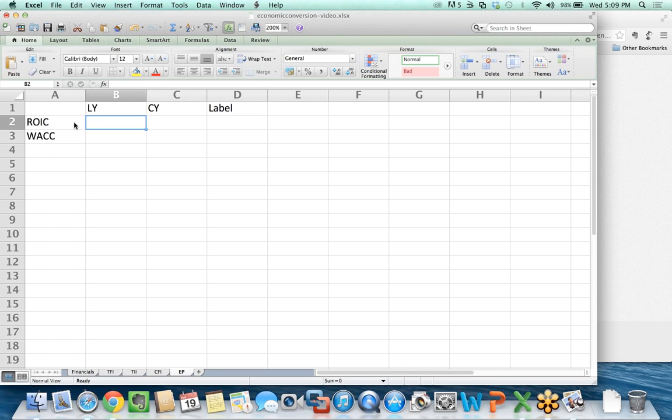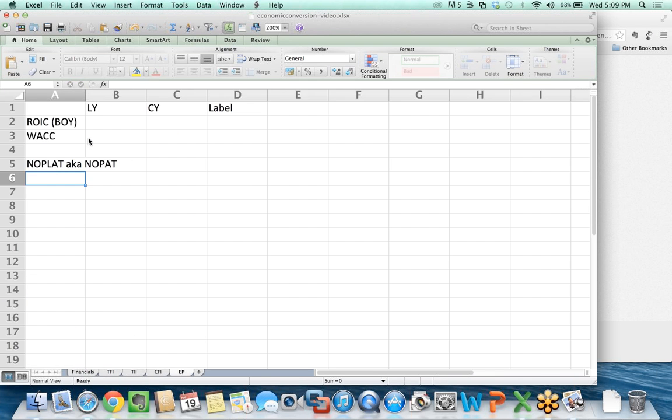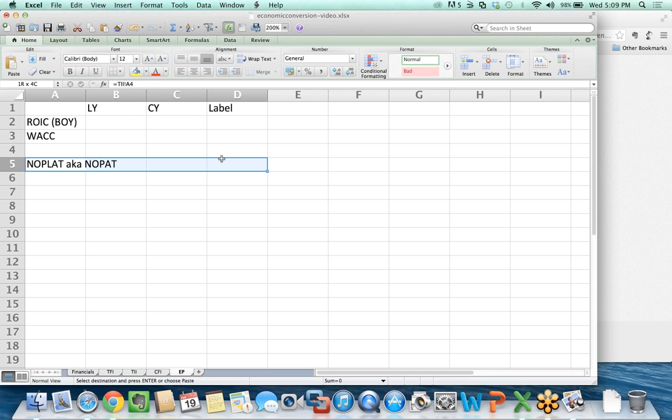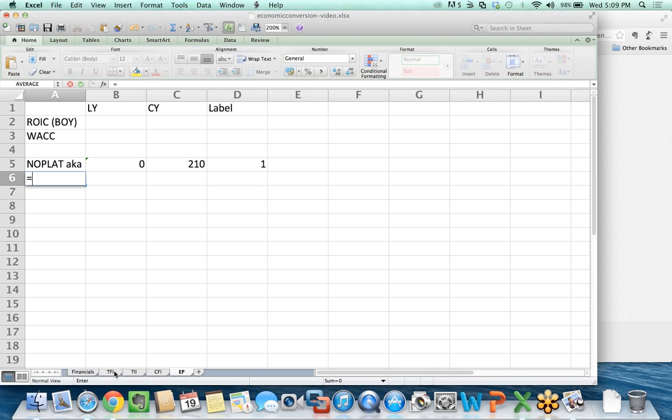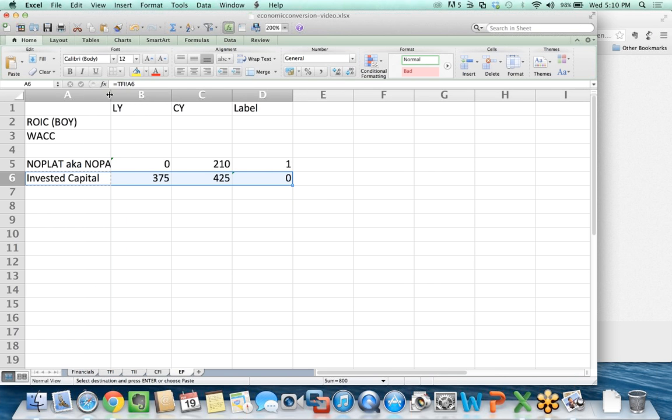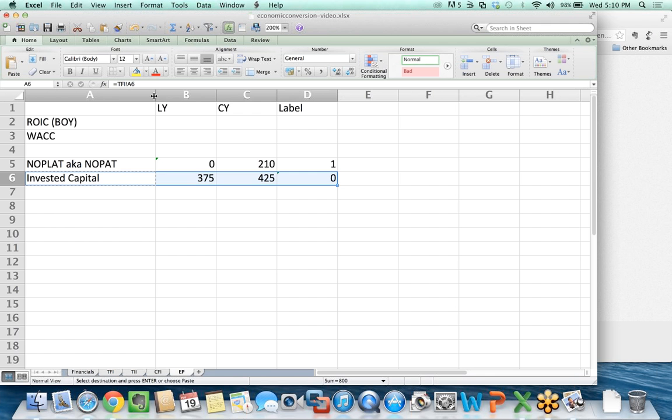I need to calculate my ROIC, and in this case I'm going to do an ROIC based on beginning of year invested capital. How do I do that? I'm going to need my NOPLAT off my TII, and I'm going to need my invested capital off of my TFI. Let me make this a little bit wider so you can see the 2 years.